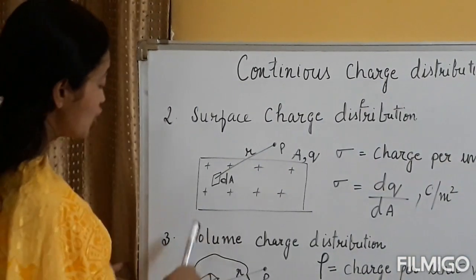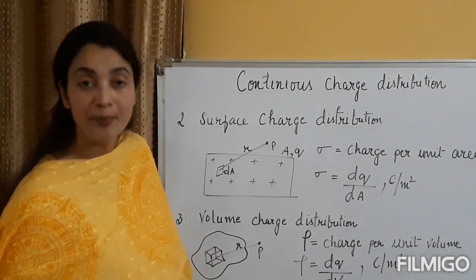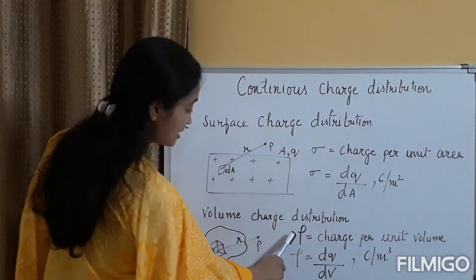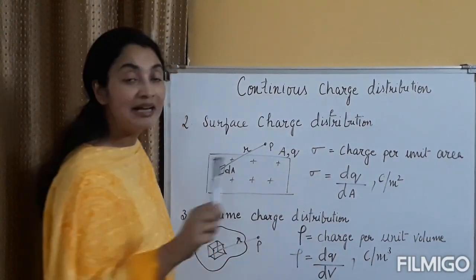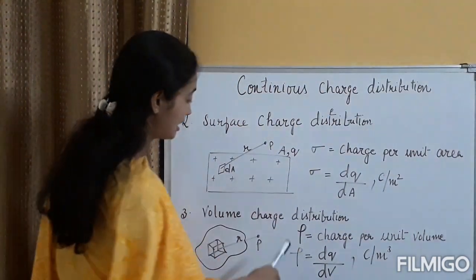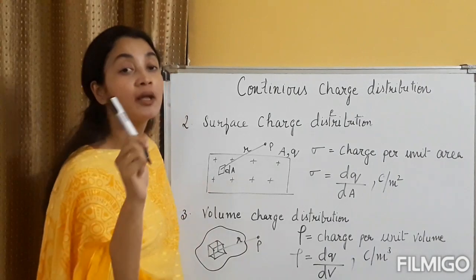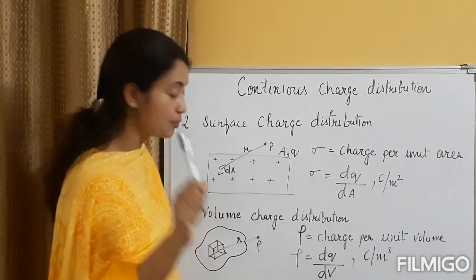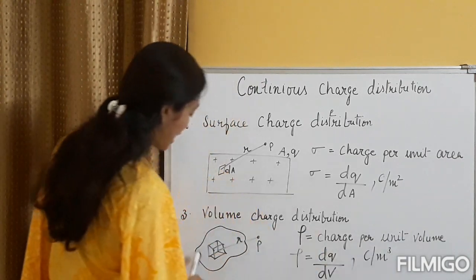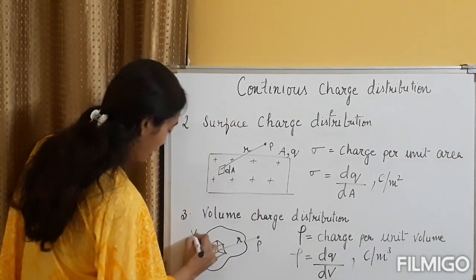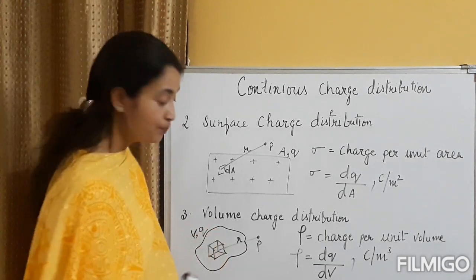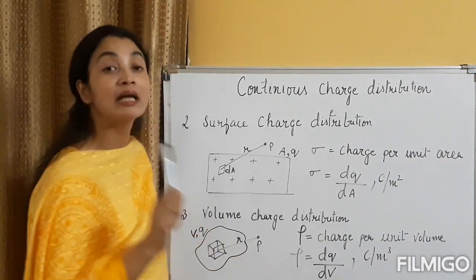Similarly, the third charge distribution is three-dimensional volume charge distribution. It is represented by the Greek letter rho, generally used for representing density. So here it is representing volume charge distribution. So rho is charge per unit volume. Suppose we have a body of volume V and it has a charge Q distributed over the entire body.